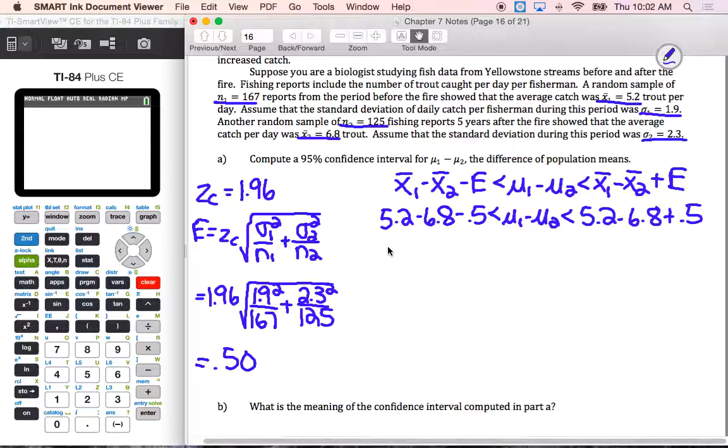So when I subtract those, negative 2.10, and when I go through those, I got a negative 1.10.